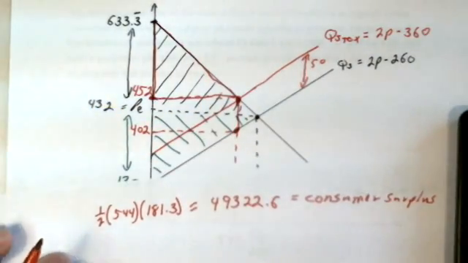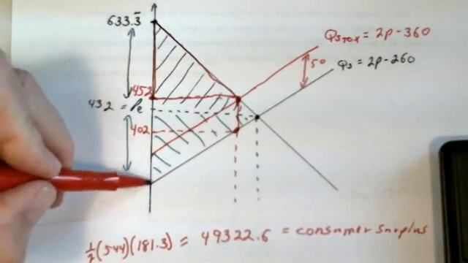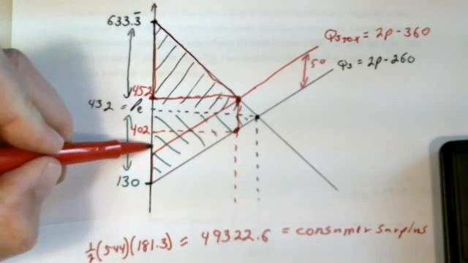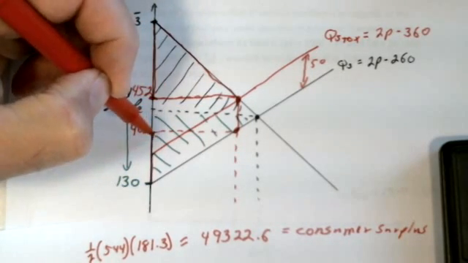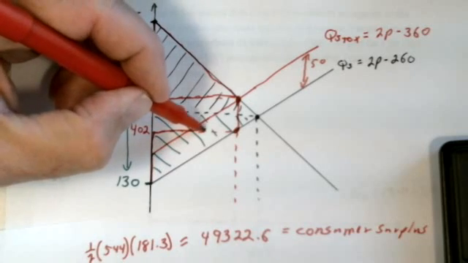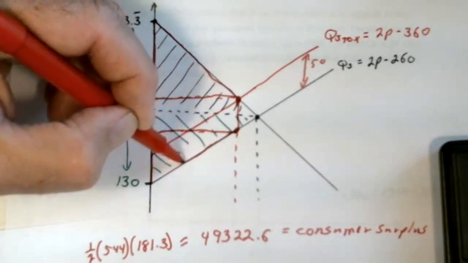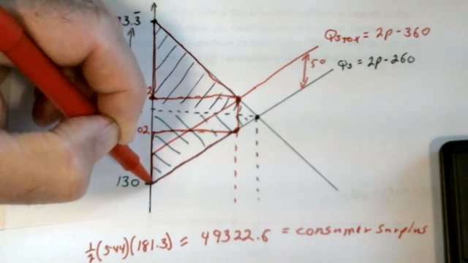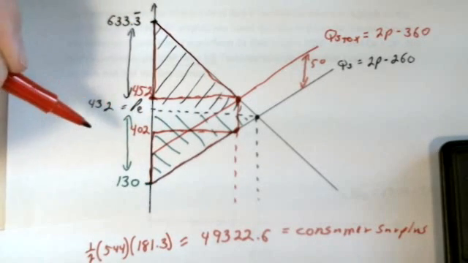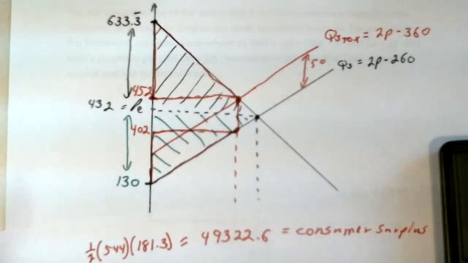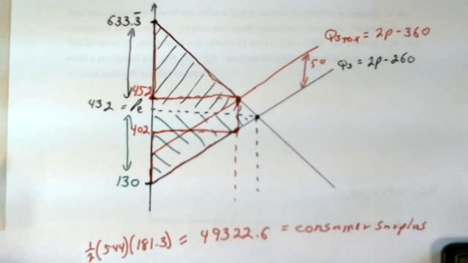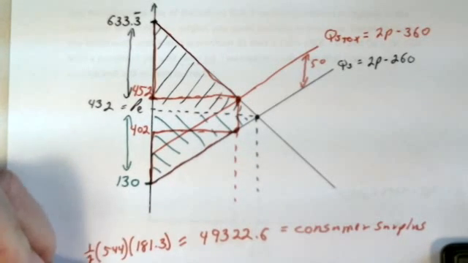Now producer surplus, I'm going to take this red marker and try to show you this triangle. It's also reduced. It's the area below the selling price to producers, of course, but above the supply curve. So it's this. Producer surplus is that little area right there. Okay, so it would be 1/2 the base times the height.